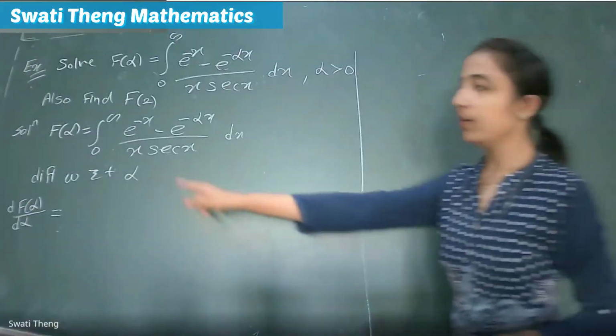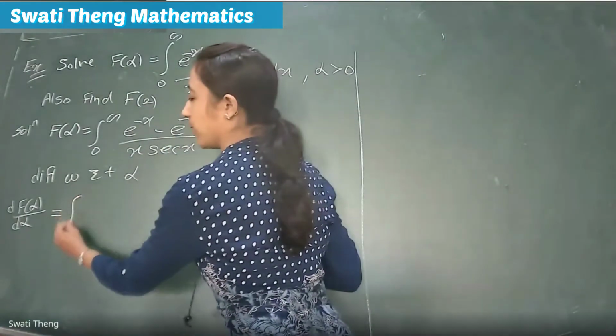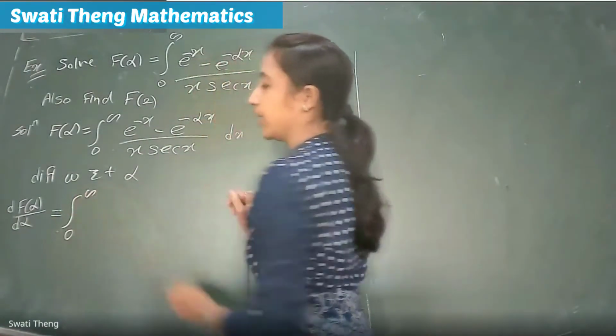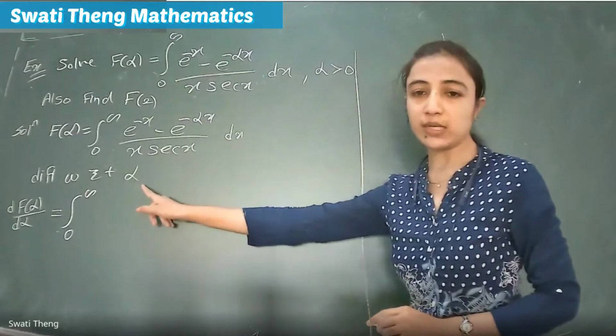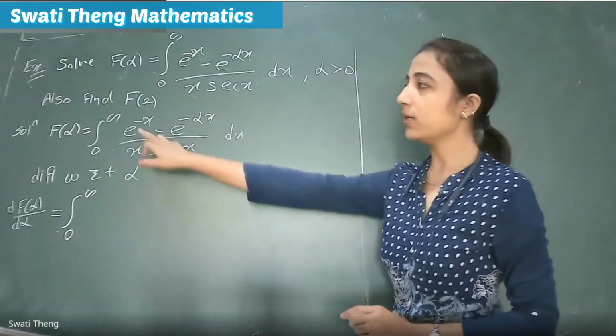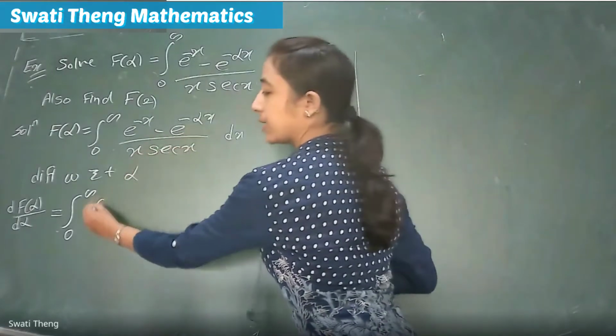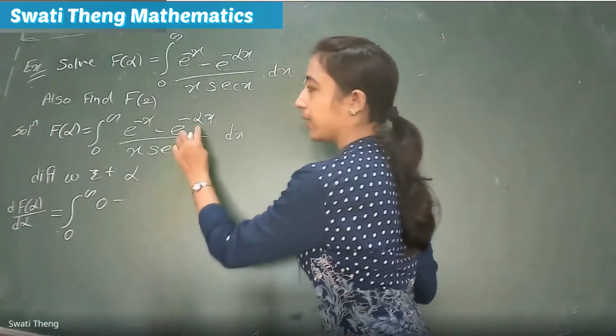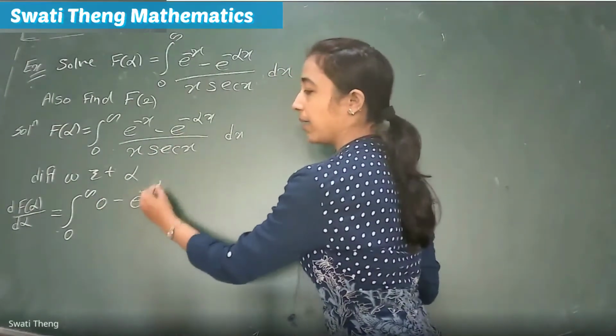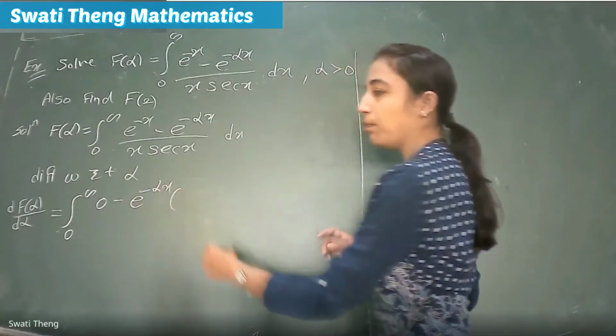then the derivative of this term is df of alpha by d alpha. Now differentiating with respect to alpha, this is the integral from 0 to infinity. When we are differentiating with respect to alpha, x is constant, so the derivative of the first term in the numerator is 0. What will happen in the second term? Minus the derivative of e is e raised to the power minus alpha x, and again the derivative of the power term.